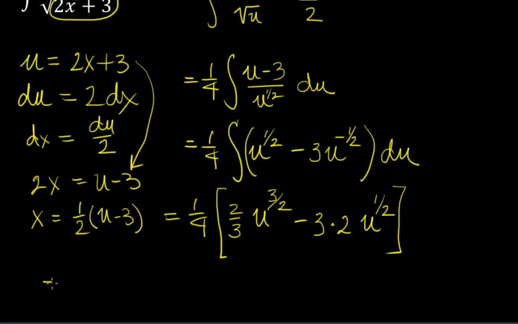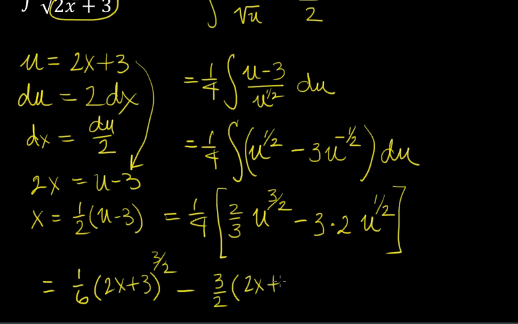So now we put this in terms of x and maybe simplify. I would get 1/6, and u is 2x plus 3, the quantity, raised to the 3/2 power, minus, now multiplying by 1/4, I will have 3/2 u, 2x plus 3, the quantity, to the 1/2, and now I'll add a constant.